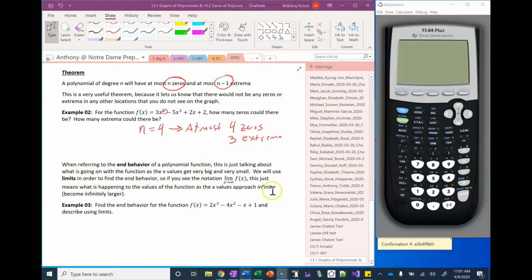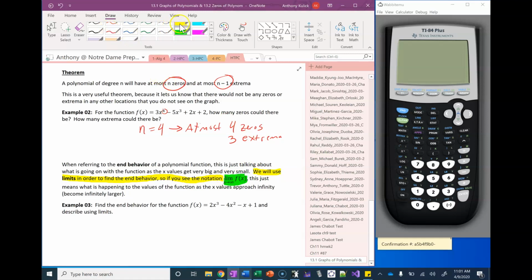So we have a special notation that we're going to use to describe this. This is probably new for everybody involved. This is called limits notation. So the notation for a limit might look something like this.